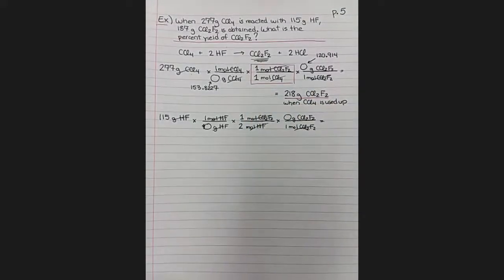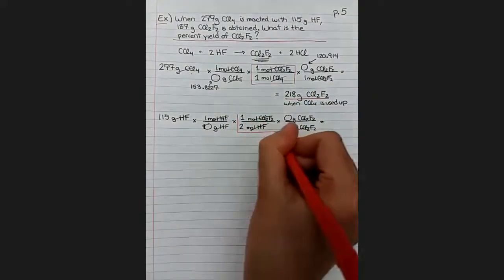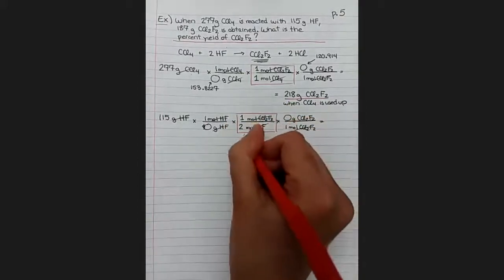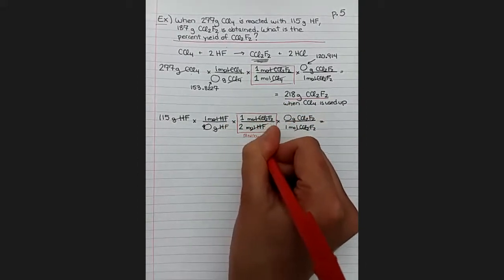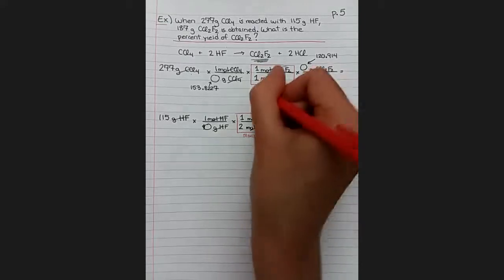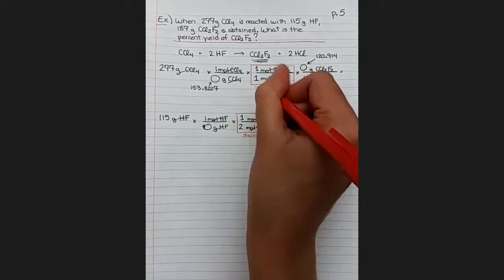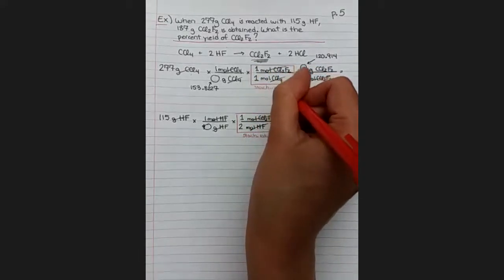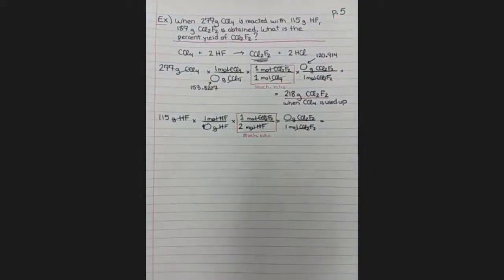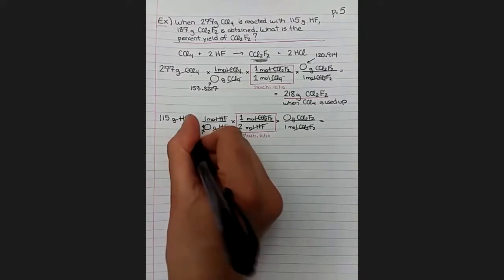There we go. Okay, so here's our very important middle step. Stoichiometric ratio. And then I skipped my molar mass calculation, so I've got to go back and do that. Hydrogen molar mass plus fluorine molar mass should be 20.008 grams per mole.